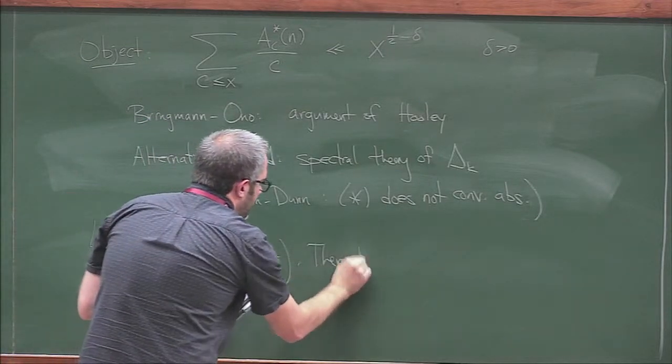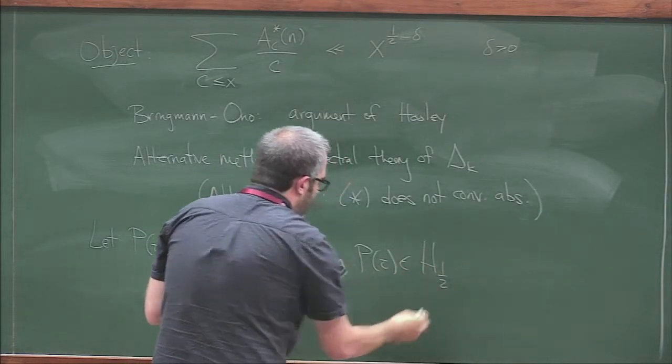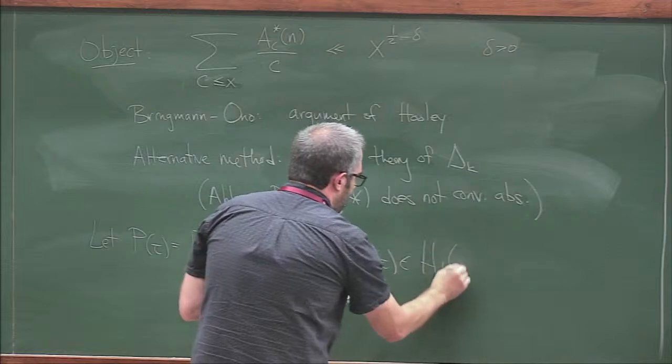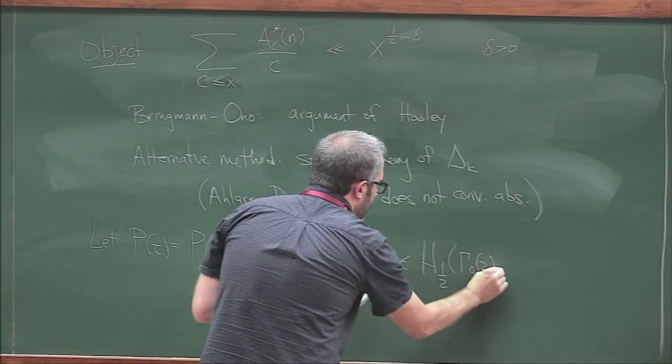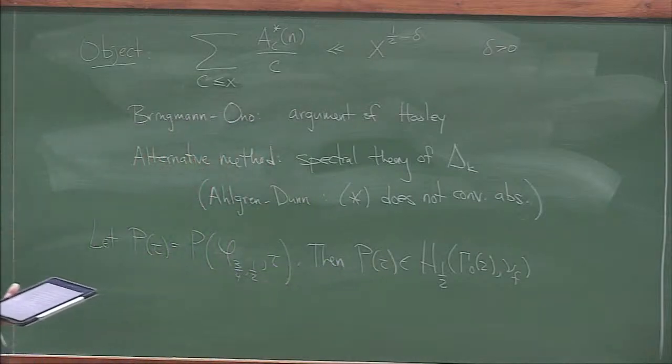Then p of tau is a harmonic Maass form of weight 1/2 for gamma 0, 2. And if we construct it to have the multiplier system for f of q, then it will have the multiplier system for f of q.